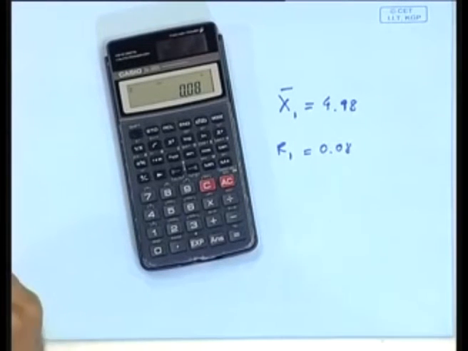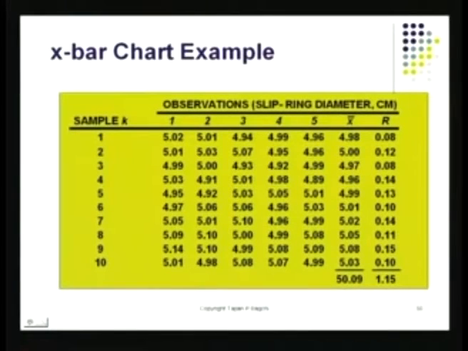I'll do the same thing for second sample, third sample and so on, and you can notice here on the screen the different values of X bar that have been calculated by doing that. This is X bar 1, X bar 2, X bar 3 and so on. If I take the grand sum of all this, that is 50.09. If I take the grand average of all these, I've got 1.15.